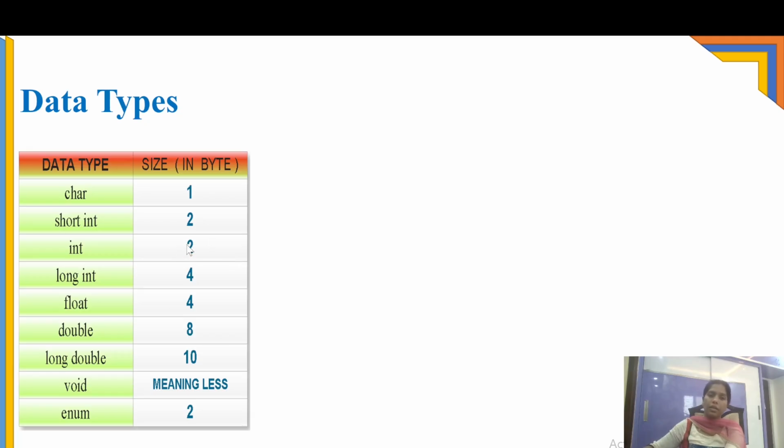Now we are using a 64-bit compiler, that's why int is also 4 bytes, long int 4 bytes, float 4 bytes, double 8 bytes, long double 10 bytes, void doesn't have a size, enumerator 2 bytes. We should remember the main data type sizes: integer 4 bytes, float 4 bytes, character 1 byte.